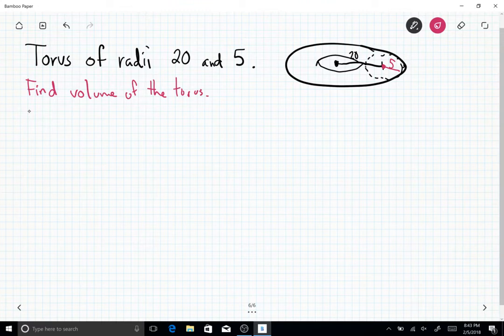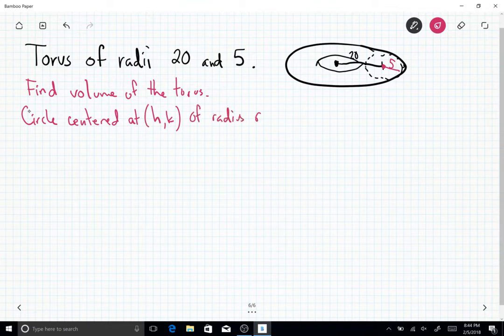And so the key lies in the center circle, where you center your circle at. So a circle centered at h, k, of radius little r, we'll say. What does that look like in terms of its equation?